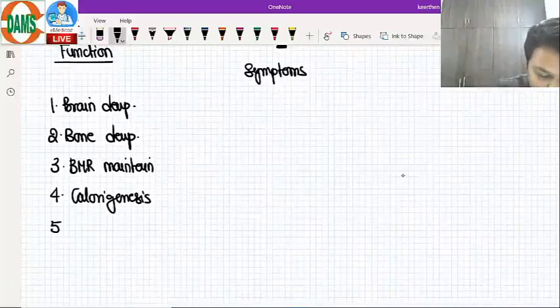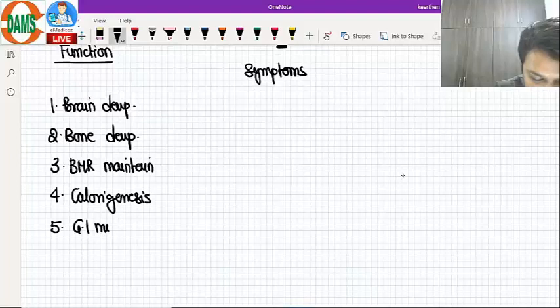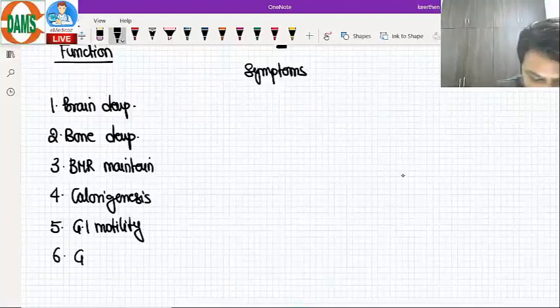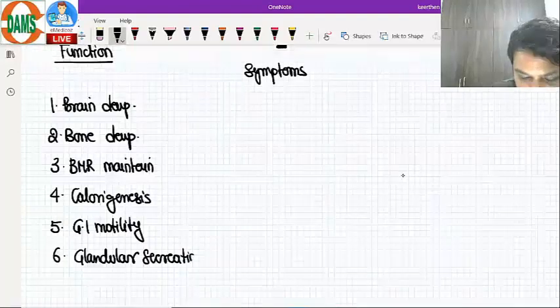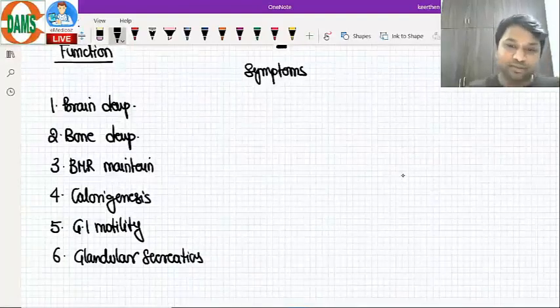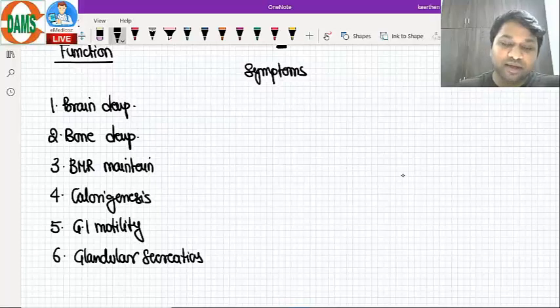Number five, it is responsible for GI motility and glandular secretions. So it regulates the glandular secretions. Glycosaminoglycans, GAG.